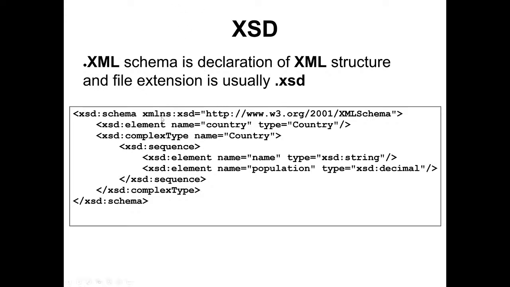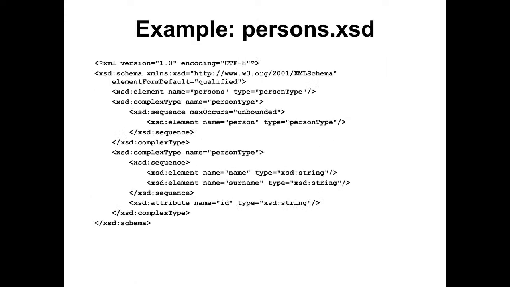You have the schema, you have the element, complex type, and if the type has some elements inside, it's considered a complex type, and there should be the sequence syntax, and name, population, for example string, decimal.